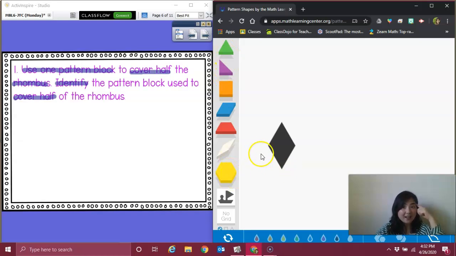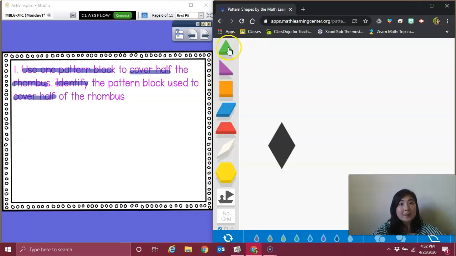Well, in my head, if I cut the rhombus in half right here, I could clearly see that the shape that would cover half of it would have 1, 2, 3 corners. So that leads me to think that it would be a triangle, because a triangle has the attribute of 3 corners.